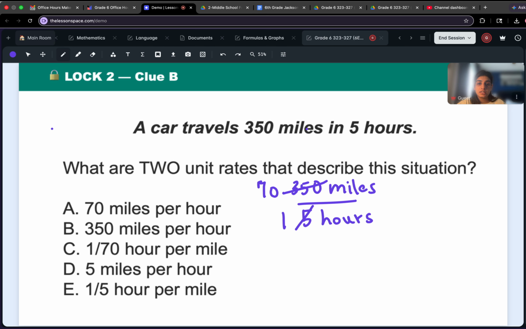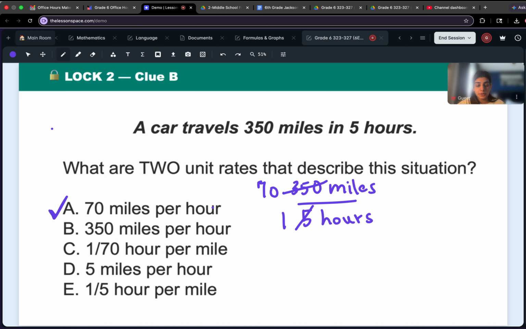So you can see that this entire situation, which is a car travels 350 miles in 5 hours, can also be represented as a car travels 70 miles per hour, right? So this makes it very clear that the very first option, 70 miles per hour, is the right option.